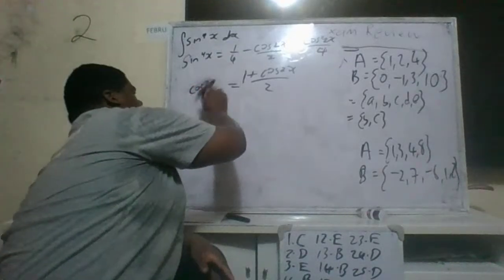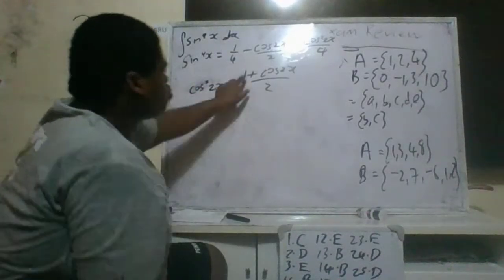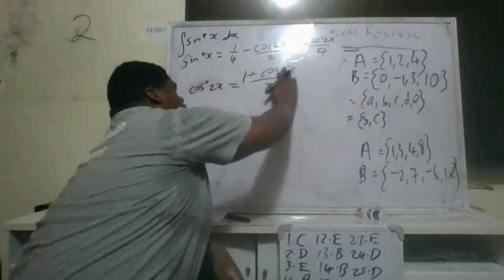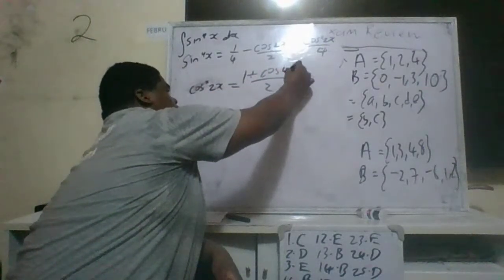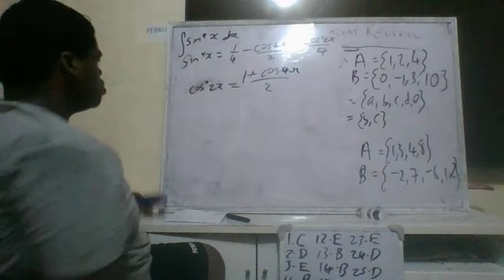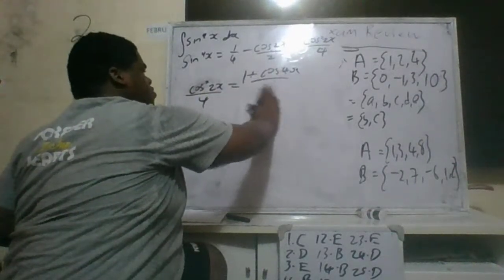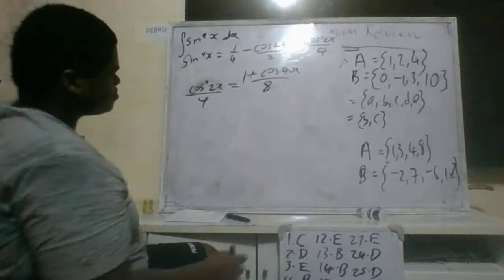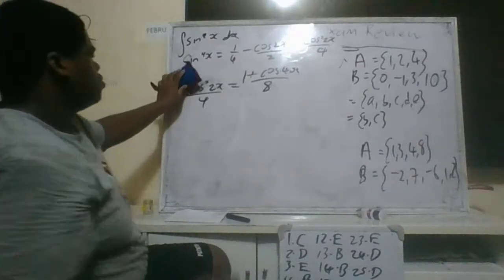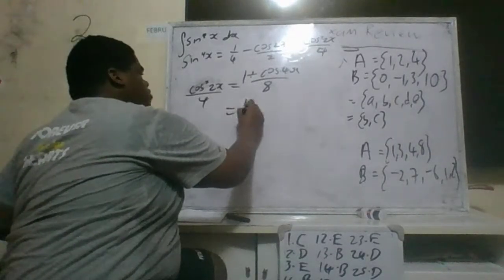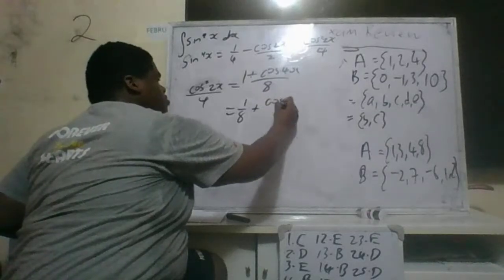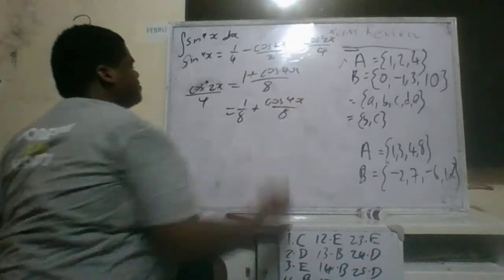That means cos square 2x is equal to 1 plus cos 4x over 2. That means cos square 2x over 4 is equal to 1 plus cos 4x over 8. This is equal to 1 over 8 plus cos 4x over 8.